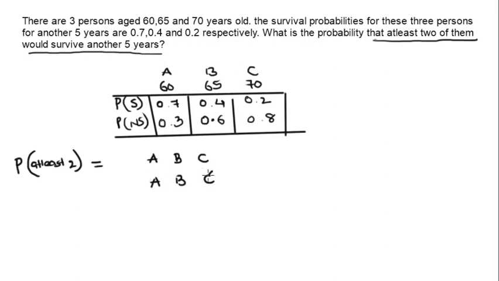A and B survive, C does not survive. A and C survive, B does not survive. B and C survive, A does not survive.